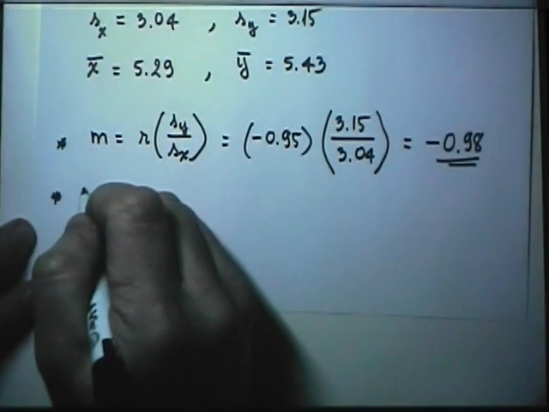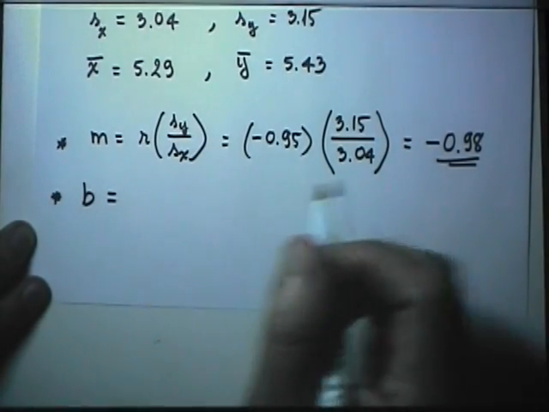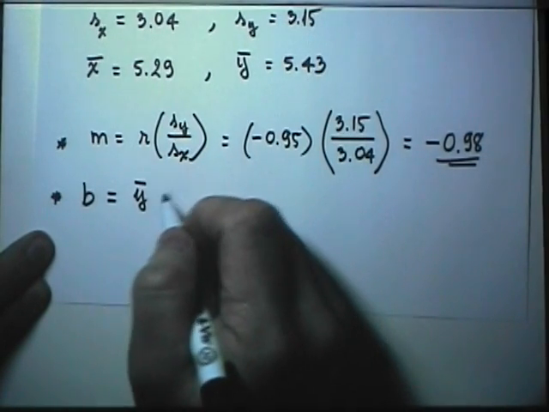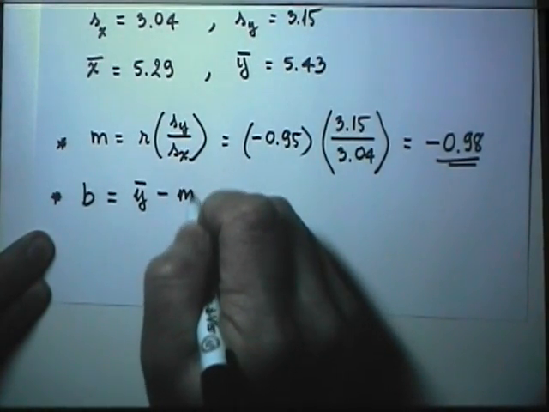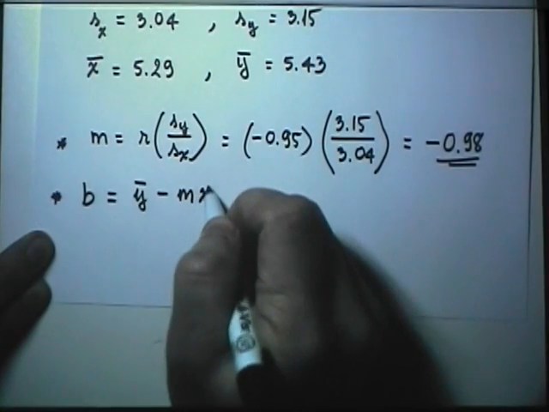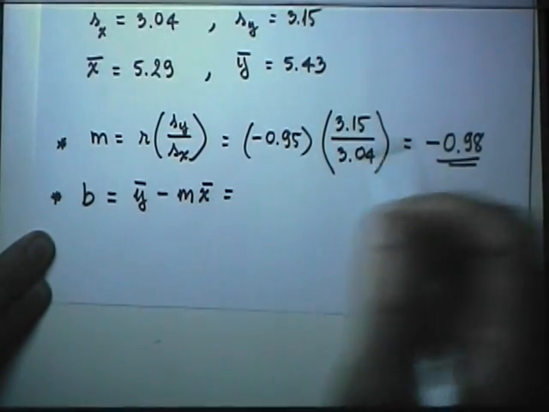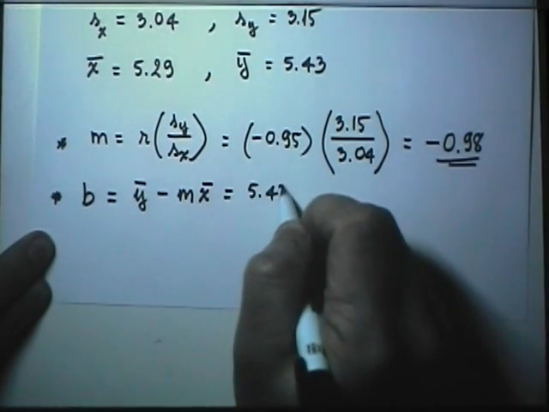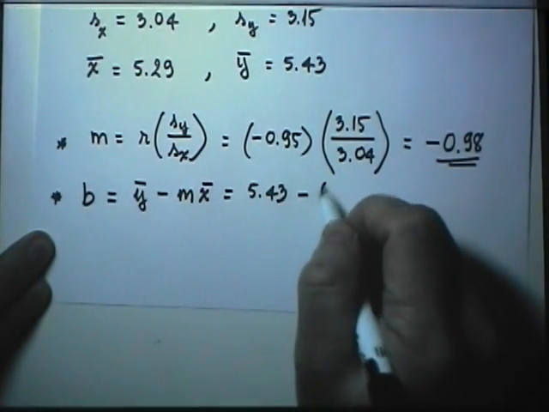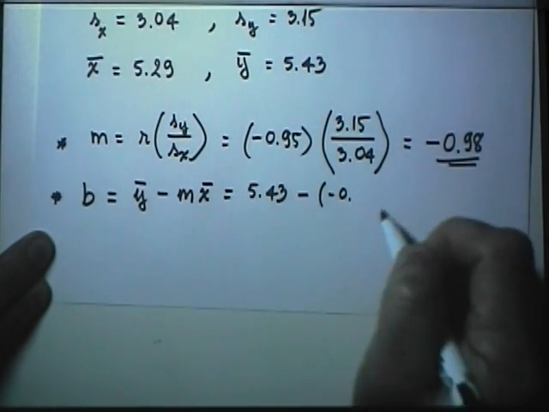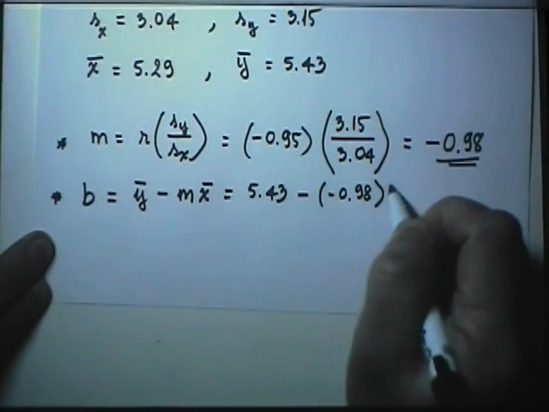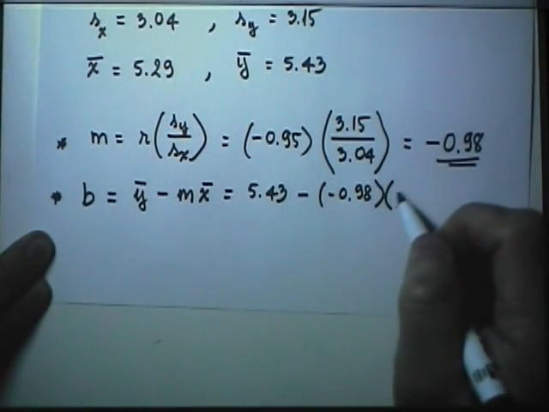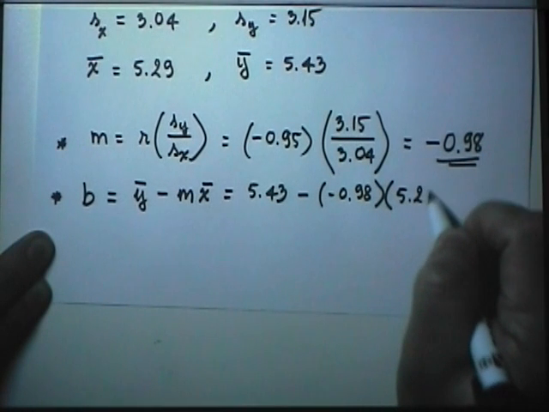Now my b value is going to be y bar, which is the mean of all the y values, minus the slope that we found earlier times the x bar. So that is 5.43 minus, and the m that we found is negative 0.98, times 5.29.